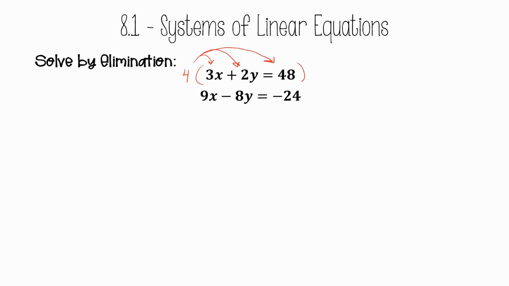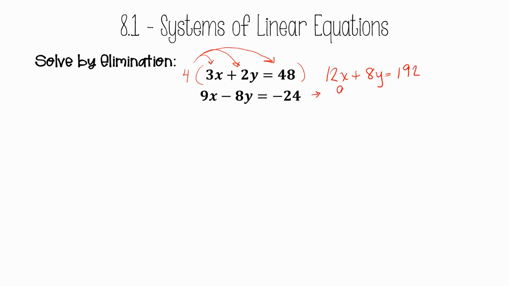It's always that end term, what it's equal to, where a lot of us forget. So we want to make sure that we do that. As we go ahead, we will get 12x plus 8y equals 192. And then this will stay the same.